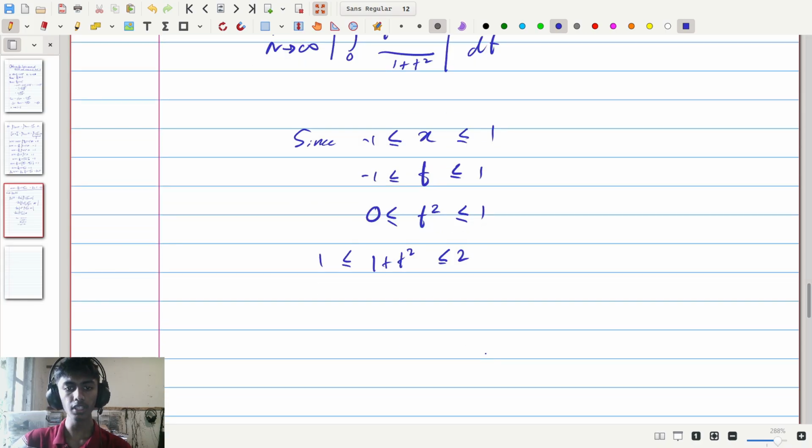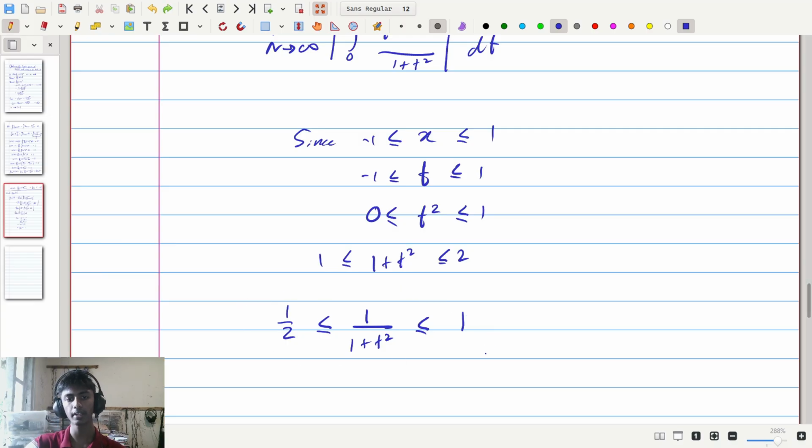Therefore, if we consider 1 divided by 1 plus t squared, since 1 plus t squared is between 1 and 2, when we divide 1 by this number, it's going to be some number which is less than or equal to 1. It's also of course going to be greater than or equal to a half.